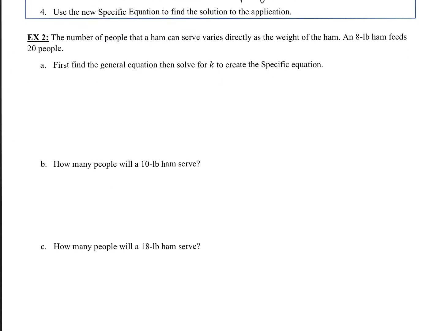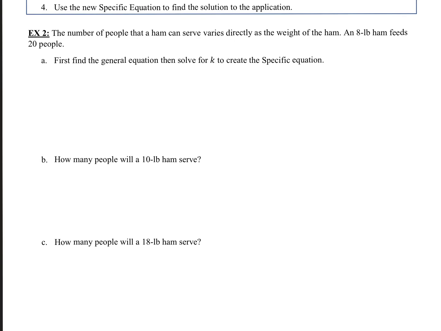Example 2. The number of people that a ham can serve varies directly, there's a key word there, as the weight of the ham. An 8-pound ham feeds 20 people. So first find the general equation, then solve for k to create the specific equation. Well, we weren't given any variables, so before I do anything, I need to introduce what I want to use.